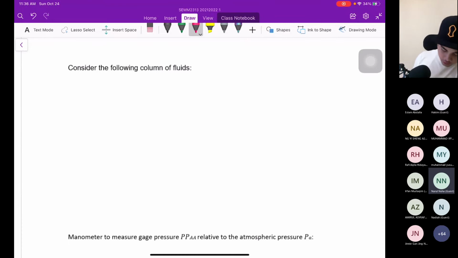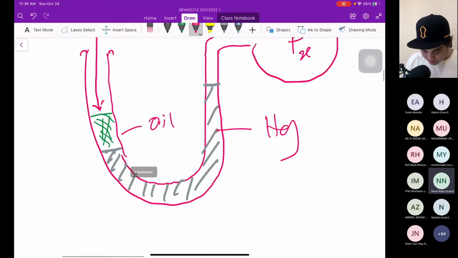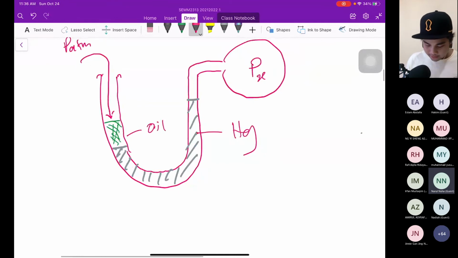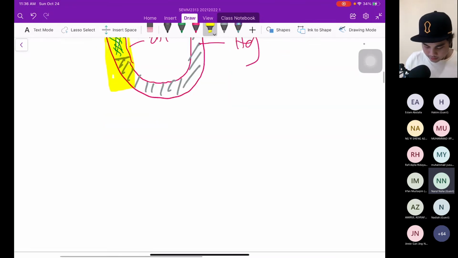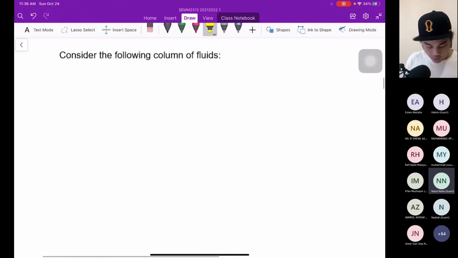So now consider the following column of fluid. Now we focus on this part in detail. Consider the following columns.